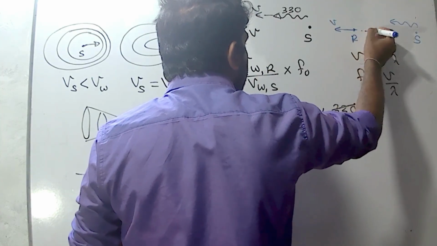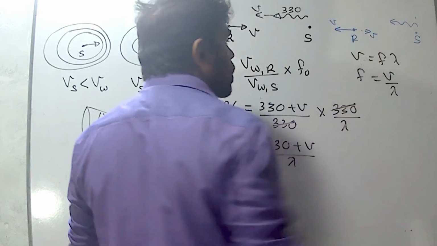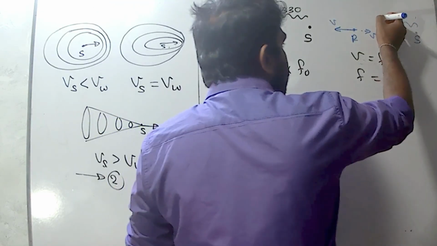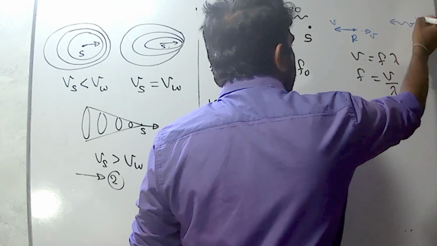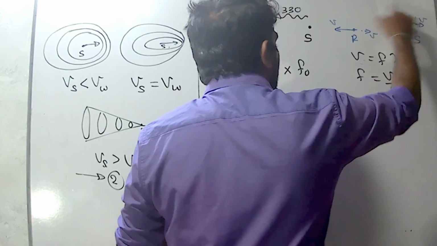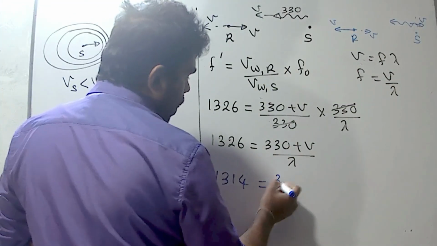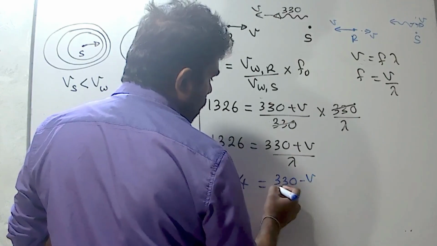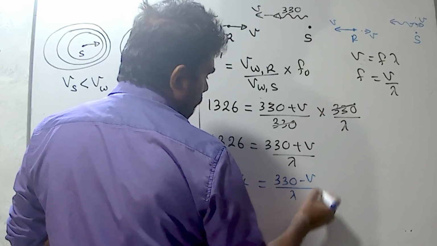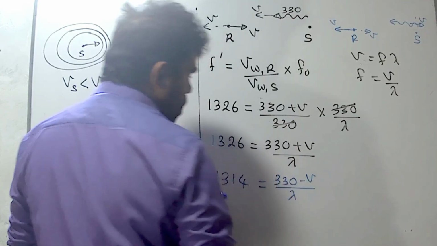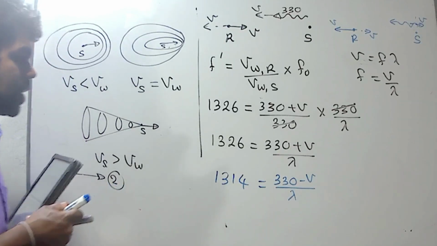Therefore, we have to give opposite velocity to the receiver, and we have to do the same thing for the wave. There are opposite velocities for the wave. Therefore, we have to subtract: 330 minus v divided by lambda. Lambda is not changing.